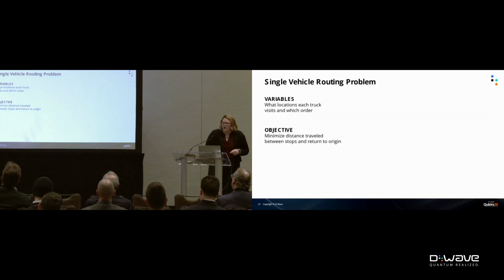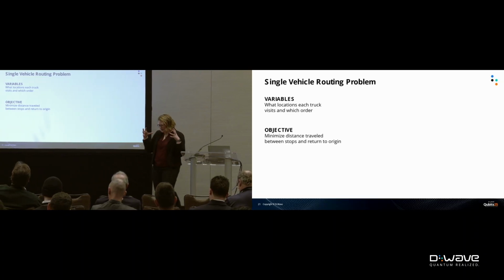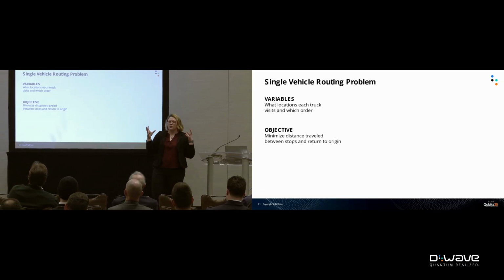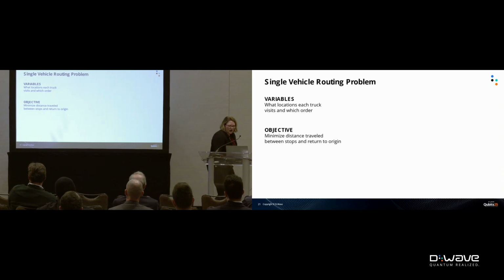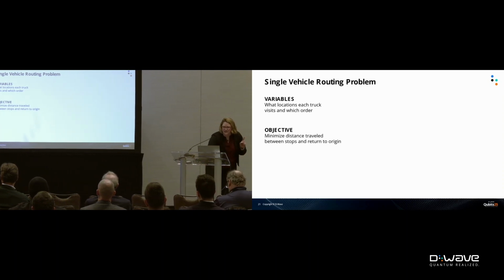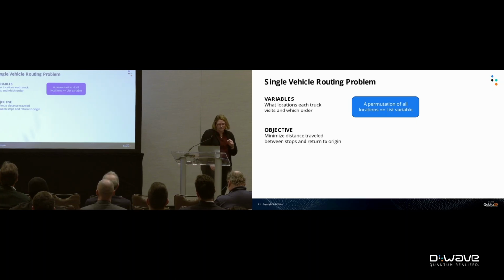So we're going to start off simple, and then we're going to build complexity. Our goal problem is a multi-vehicle routing problem. We'll start with a single vehicle routing problem. For a single vehicle routing problem, our variables are going to be what locations a single truck visits in which order. So we'll use a list variable to define that.